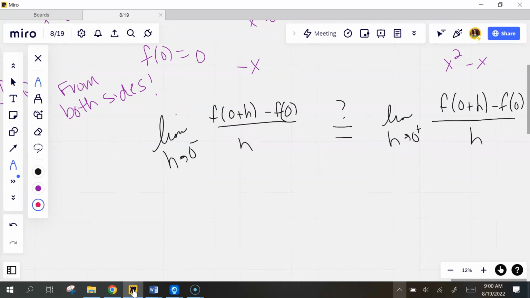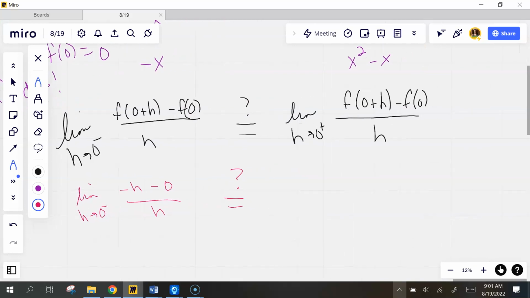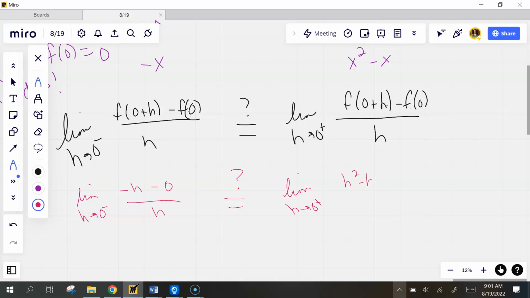All right, working down the first one. f of 0 plus h is negative h minus 0. 0 plus h is just h, so it's h squared minus h minus 0.